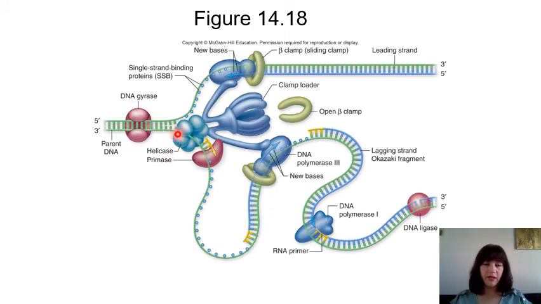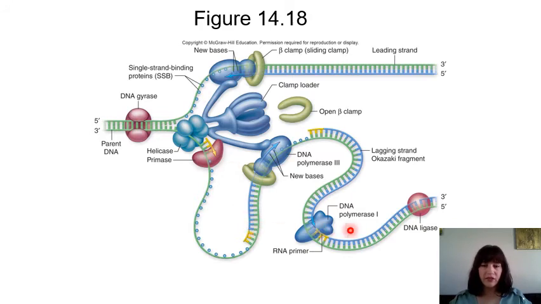We've got our helicase that actually separated the duplex, and we've got our single-stranded binding proteins that are keeping the DNA pulled apart. You can see on the leading strand that we've got all this new DNA shown in blue. We've got our polymerase here, and we've got the sliding clamp that's helping maintain processivity. It's helping the polymerase to stay attached to the DNA and not fall off.